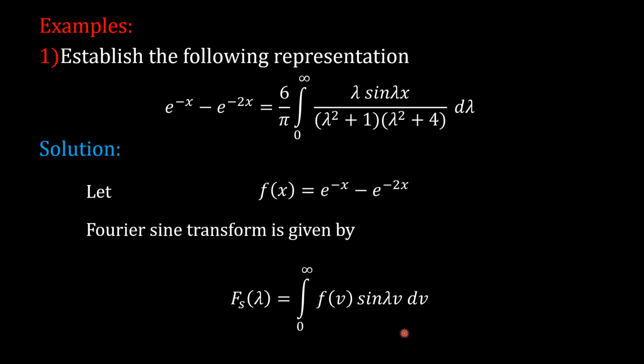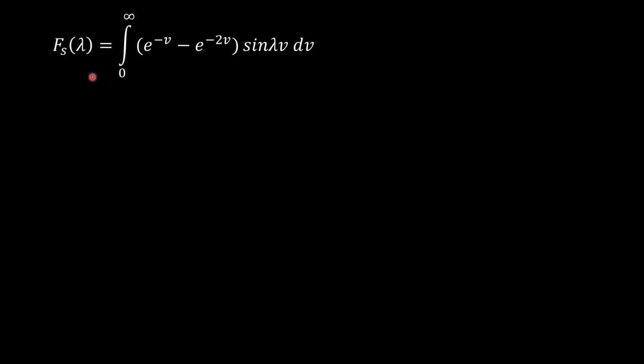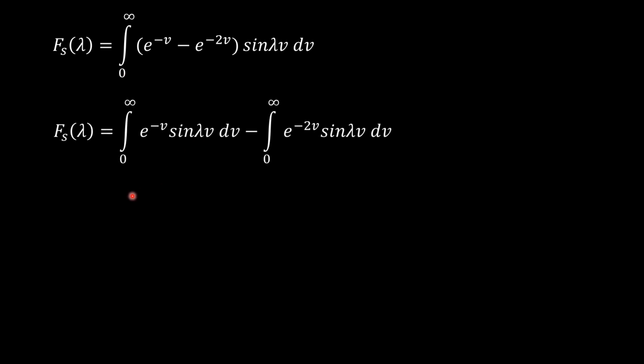Now replace the value of f of v, so Fs lambda is equal to integration from 0 to infinity of (e raised to minus v minus e raised to minus 2v) into sine lambda v dv. Now we will separate these two integrations. So Fs lambda is equal to integration from 0 to infinity e raised to minus v sine lambda v dv minus integration from 0 to infinity e raised to minus 2v sine lambda v dv.